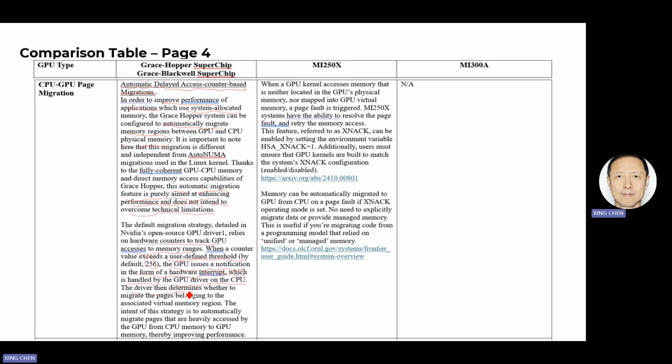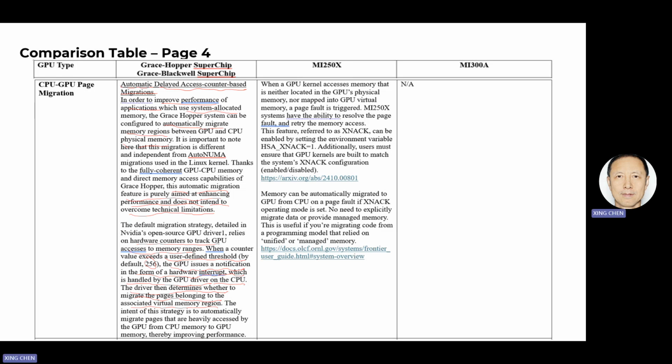The driver then determines whether to migrate the page belonging to the associated virtual memory region. The intent of this strategy is to automatically migrate pages that are heavily accessed by the GPU from CPU memory to GPU memory, to improve performance.